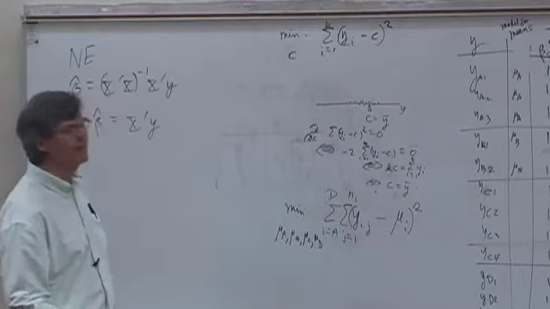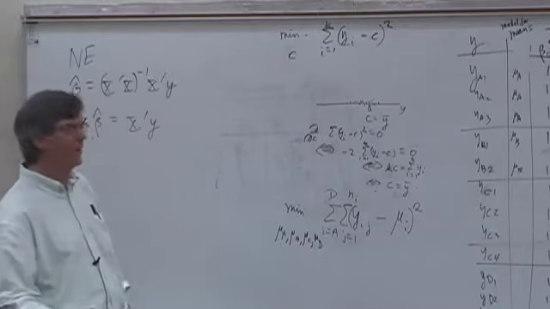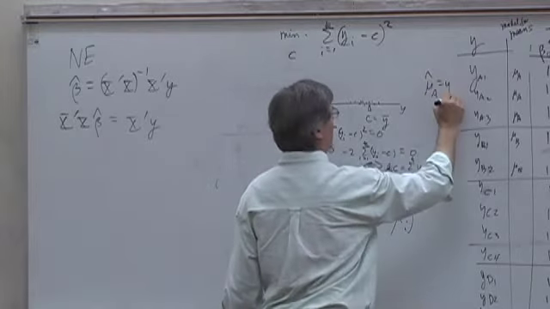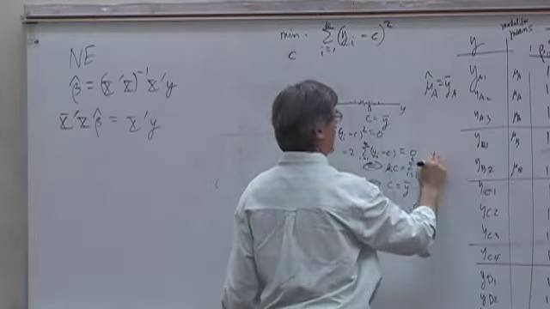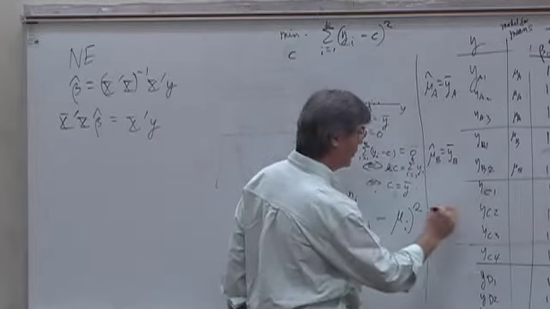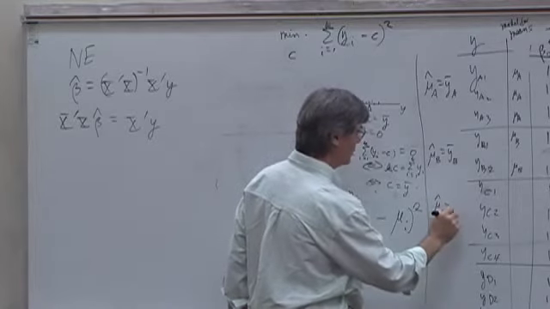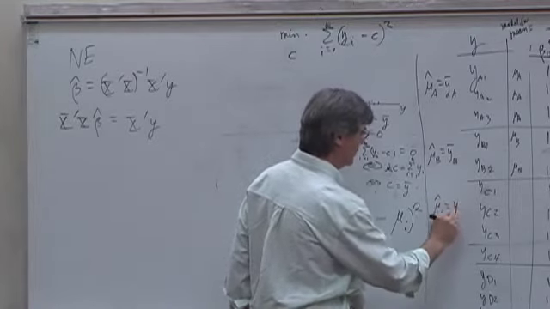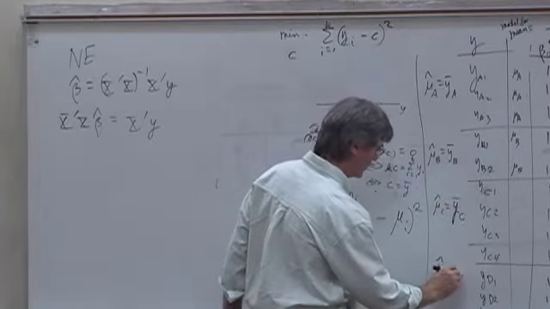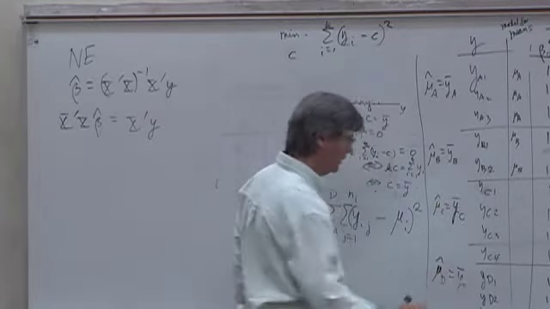So mu A hat is y A bar, mu B hat is y B bar, mu C hat equals y C bar, and mu D hat equals y D bar. Before I actually solve the normal equations, I'm going back to filling in some basic facts about statistics that you should really know.